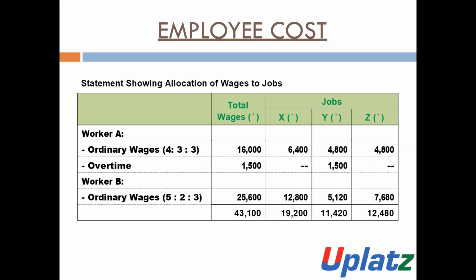Then the 16,000 is divided into X, Y, and Z in the ratio of 4 is to 3 is to 3. Then for X it is 6,400, for Y is 4,800, and for Z is 4,800.